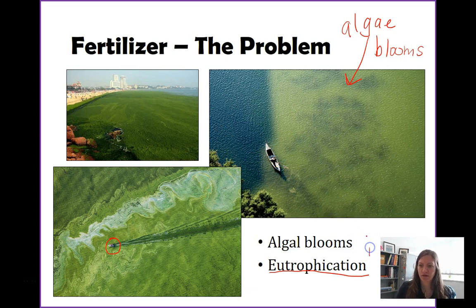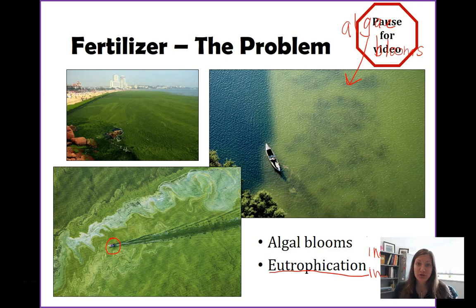So the nutrients, nitrogen, phosphorus, potassium, whatever ran off of those fields, are eutrophifying, or providing nutrients into this ecosystem. And the effect of that would be these algal blooms.